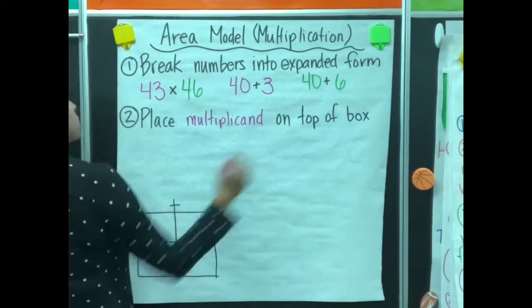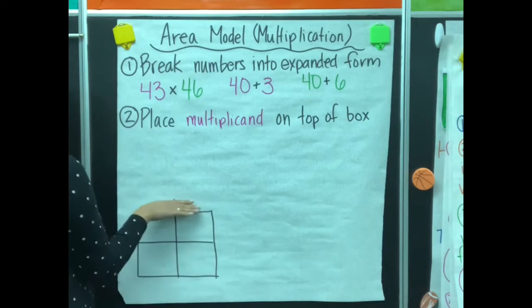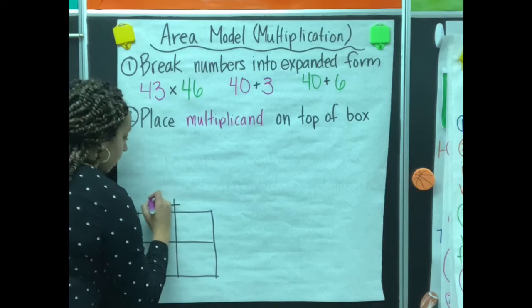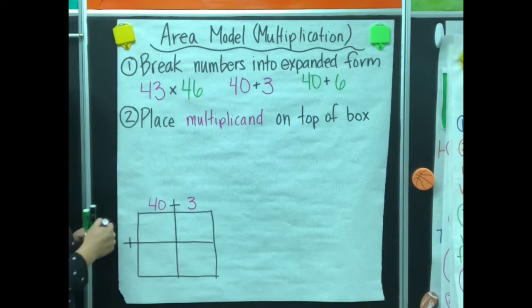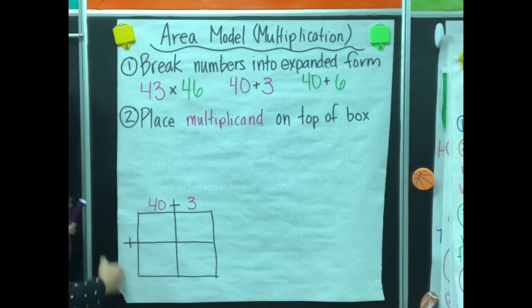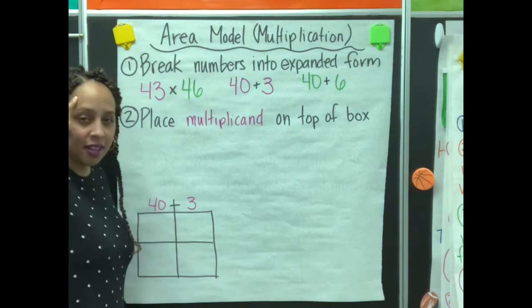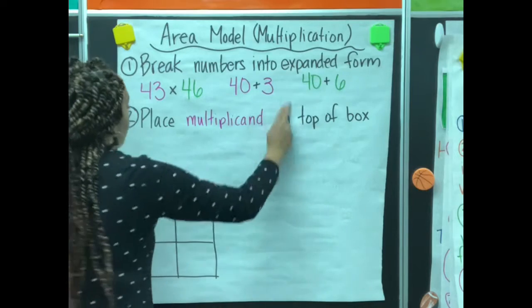I place the multiplicand on top of the box. There's a preposition, on top of the box. I take my expanded form. I'm going to write 40 plus 3. Then down the side, what do you think I'm going to place down the side? I'm going to place the expanded version of the multiplier.